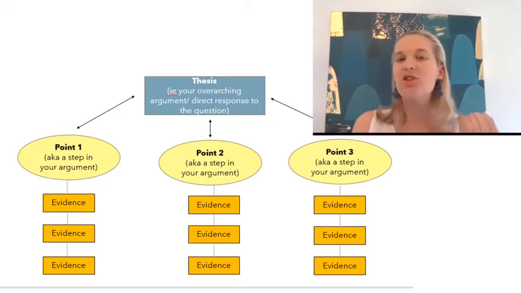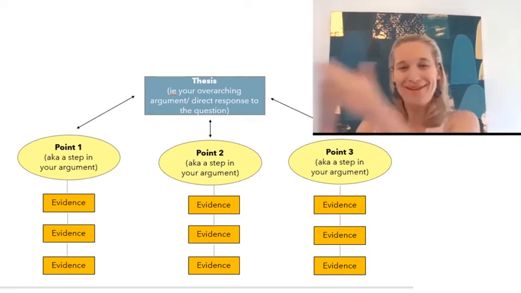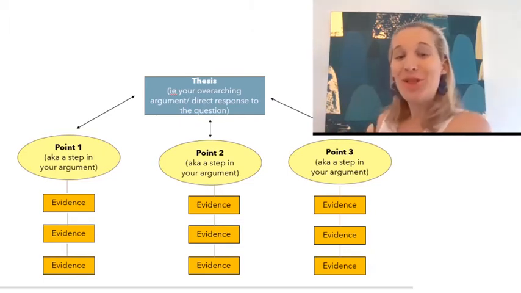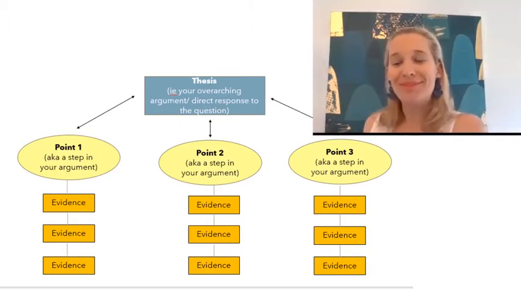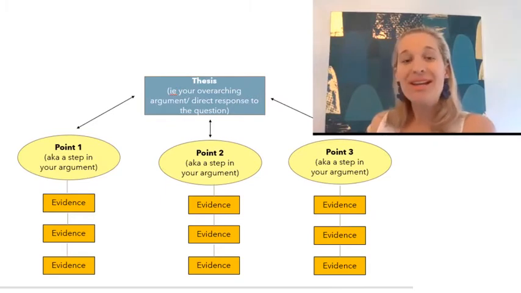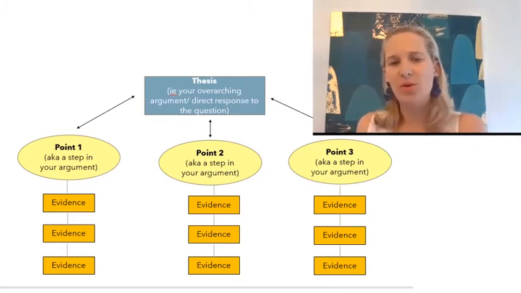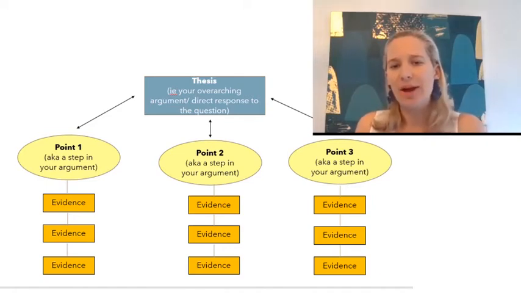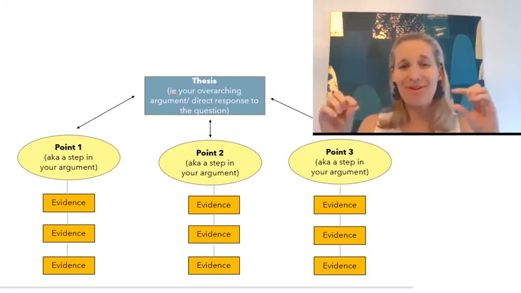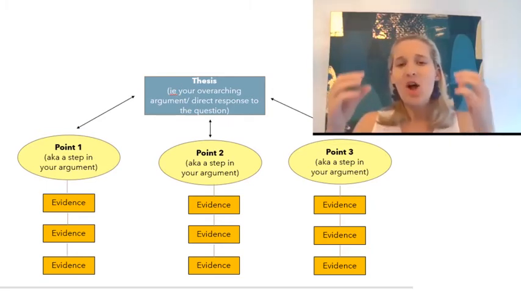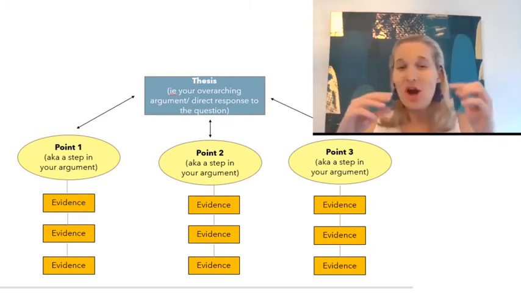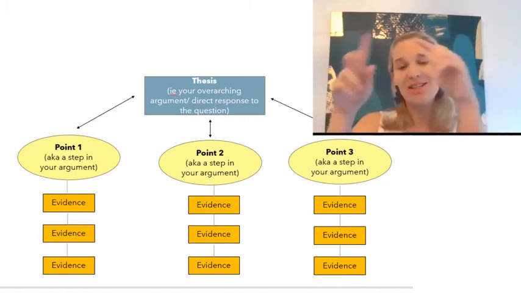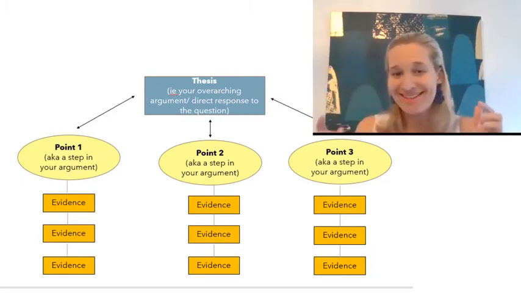What is it you need to show to be able to go from the start to the finish, where your thesis, that conclusion that you come to, is well justified and well supported? What are the points you need to make along the way? Those stepping stones belong on that next level. Now, those stepping stones need to tie back to your thesis. So you can see I've got the connections there.